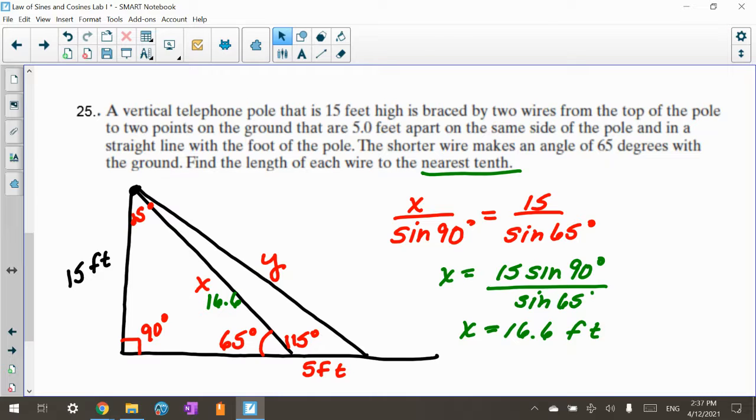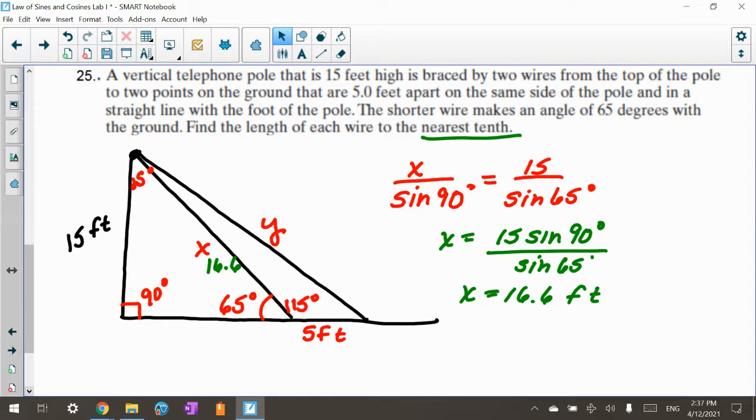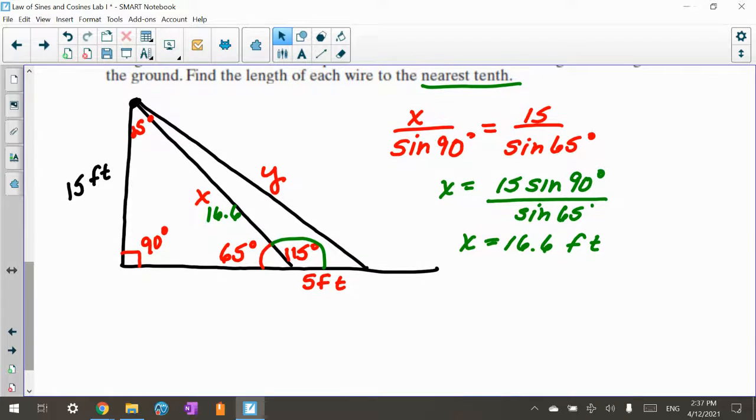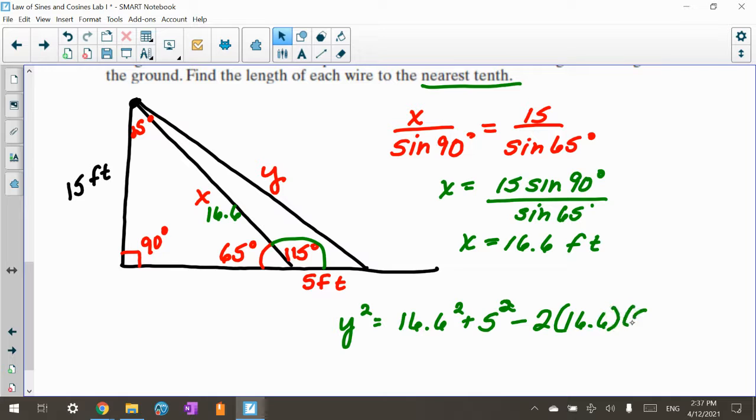Now what I'm going to do is I'm going to look at this little triangle here. And I could say, oh, this is 115. This is side angle side. I can find y by doing y squared is the other two sides squared, 16.6 squared plus 5 squared, okay, minus 2 times 16.6 times 5 cosine of 115 degrees.